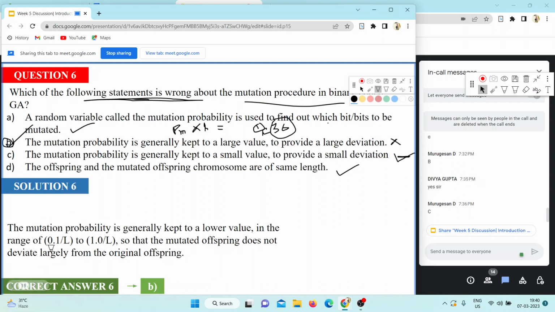Also, in theory you can read that the mutation probability is generally kept between 0.1/L to 1.0/L.